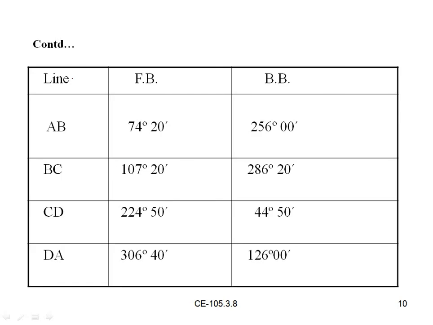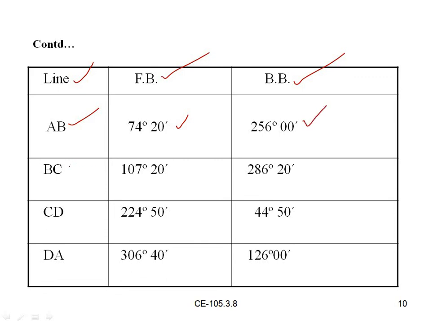It has given there are 4 lines, with fore bearing and back bearing. Line AB, fore bearing 74 degrees 20 minutes and back bearing 256 degrees 0 minutes.